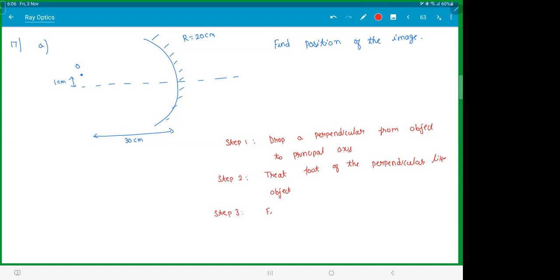Step 3, find the image of the foot of the perpendicular. And the actual image should lie on this line, perpendicular to the principal axis and passing through this point.